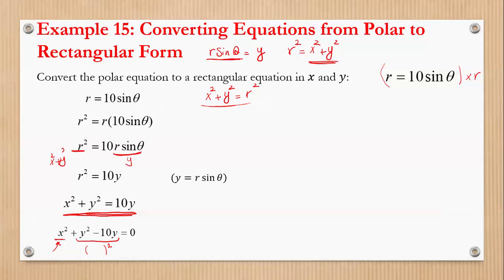How do we make a perfect square? We always look at the number in front of the y. Divide that number by 2 and square that. It gives me 25. It means if I add 25 to these two terms, I can easily factor it and rewrite it as y minus 5 squared.